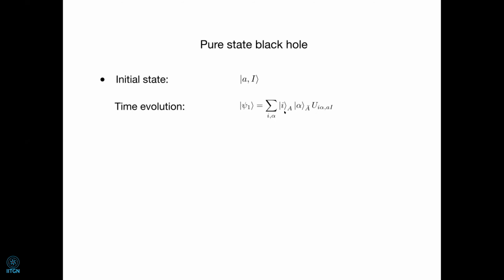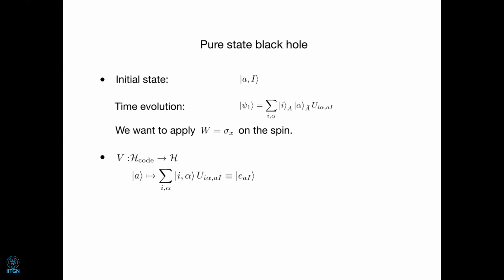Eventually, we will talk about the operator reconstruction when we only have access to part of this, say A. The goal is the same: we want to apply the operator sigma x on the spin. We want to flip the spin. And here's the embedding of the code subspace into the boundary CFT Hilbert space. We have one spin and a two-dimensional code subspace.